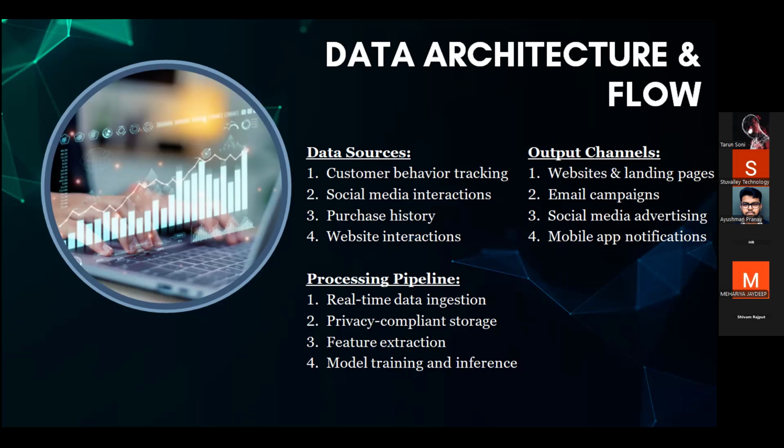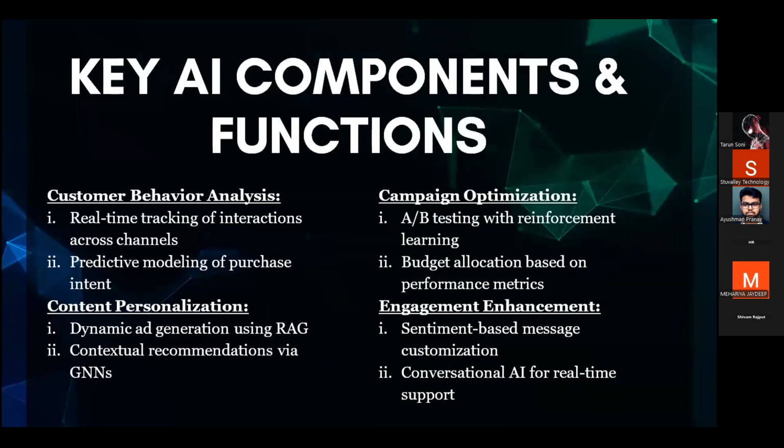So for processing pipeline, I'm using real-time data integration, compliant storage, and feature extraction, plus model training and inference. Now move to the next phase, key AI components and function, where our first motive is customer behavior analysis for real-time tracking of interaction across channels, predictive modeling of purchase intent.